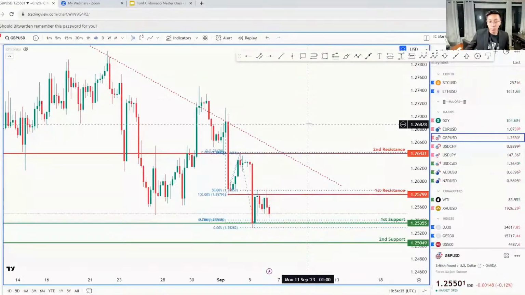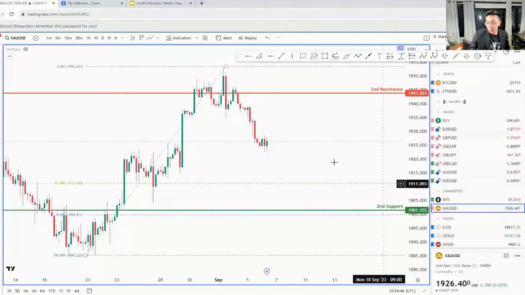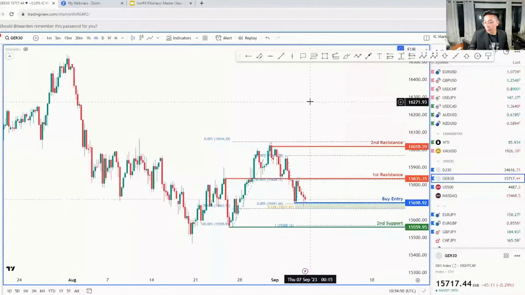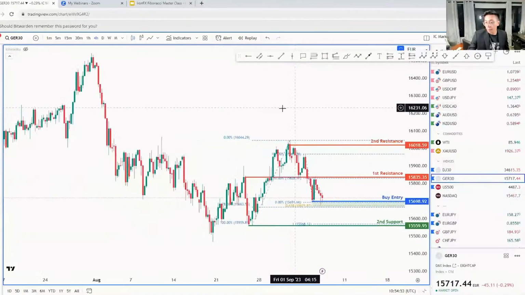For the 50%, it works pretty well also, but it works on pullback supports, so pullback support levels. That's what I noticed.